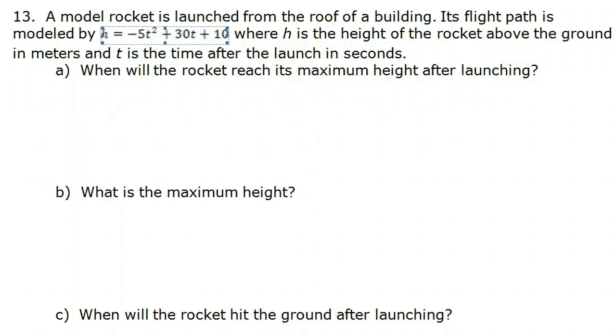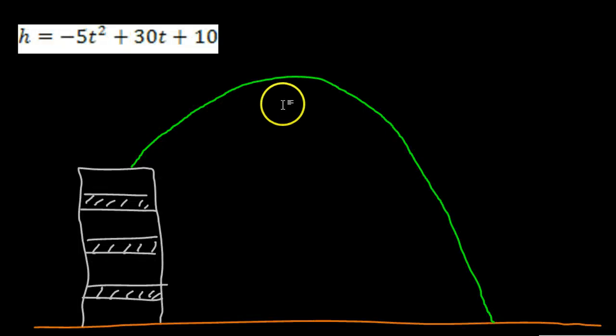Alright, I'm focusing in on some keywords here. The first one is maximum height. As soon as I hear that we're talking about maximum height, I know that we are talking about the vertex. We're talking about this point right here.